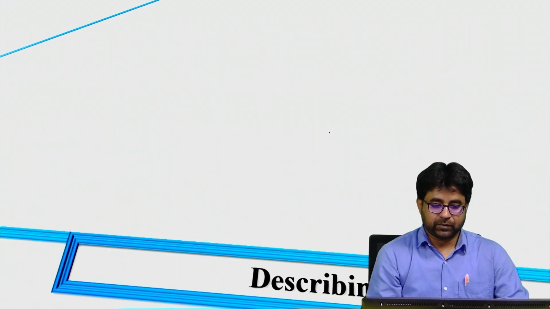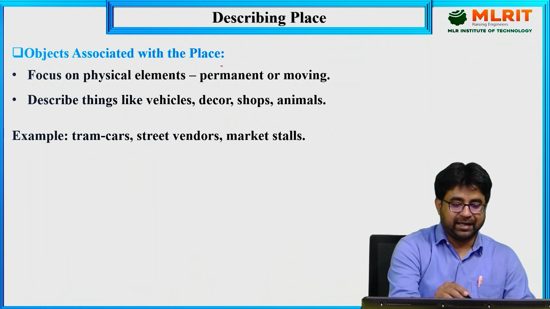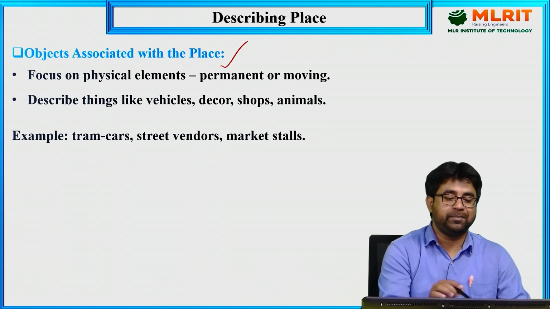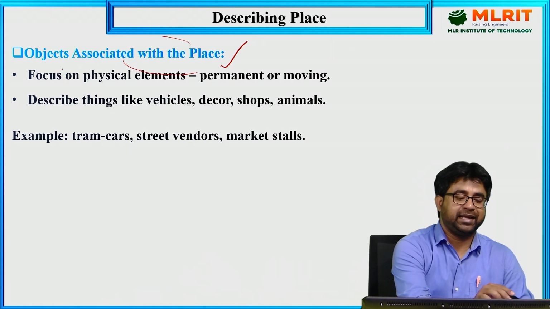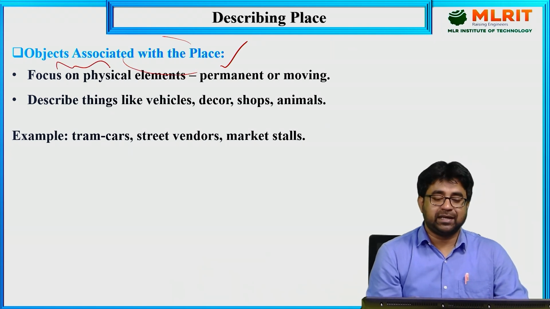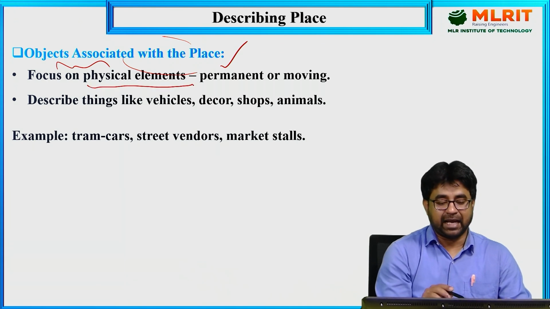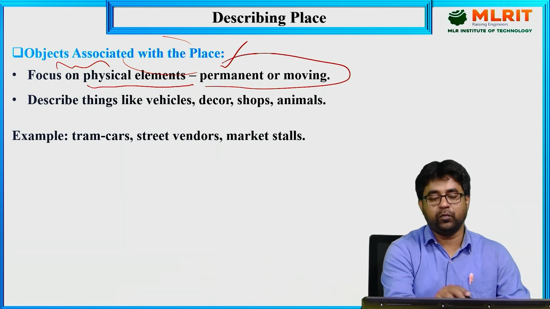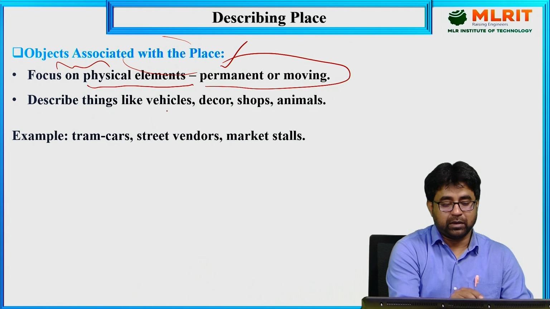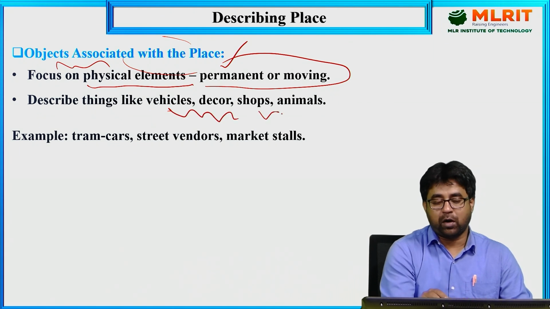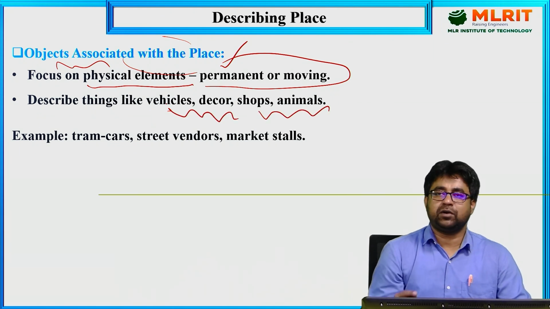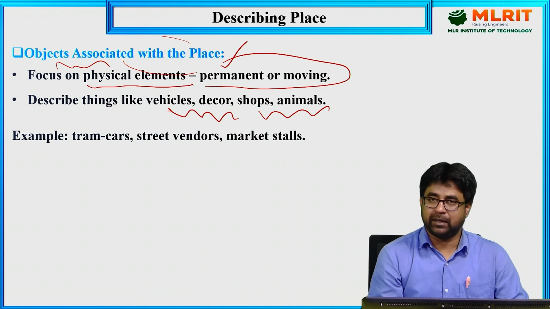Fine? Okay. Then next, you can talk about objects associated with the place. There might be certain objects which are associated with the place. You can focus on physical elements, permanent or moving. You can see vehicles, shops, animals. Now all these things are not a permanent part of the place.